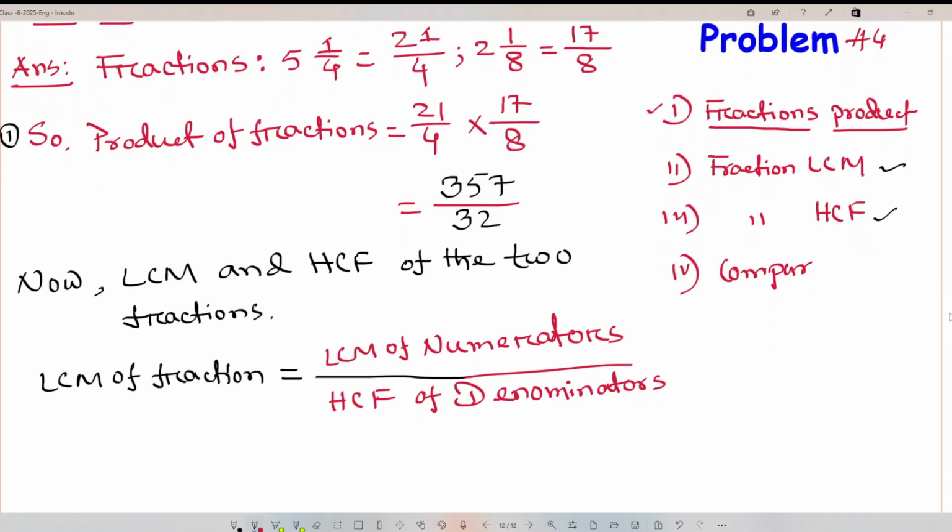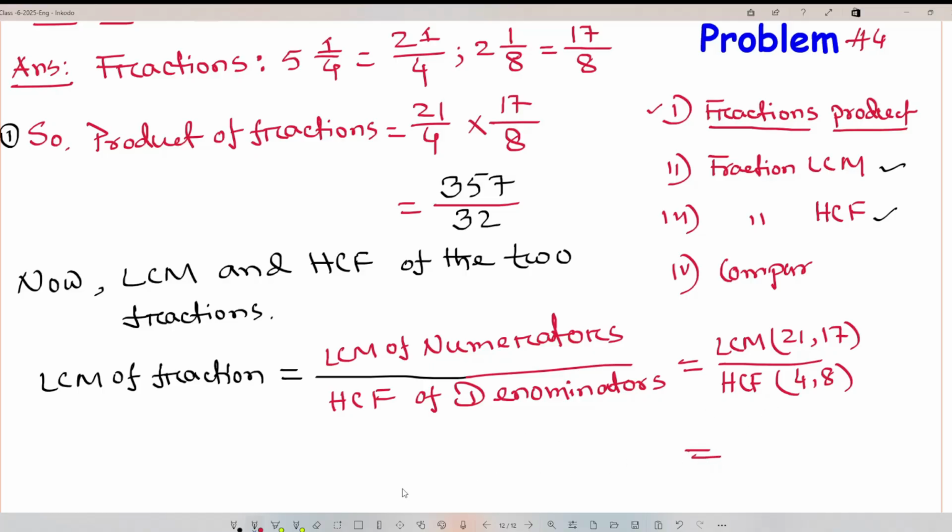Okay, so what does that mean? Here are two fractions, 21/4 and 17/8, so the LCM of 21 and 17, and the HCF of 4 and 8.